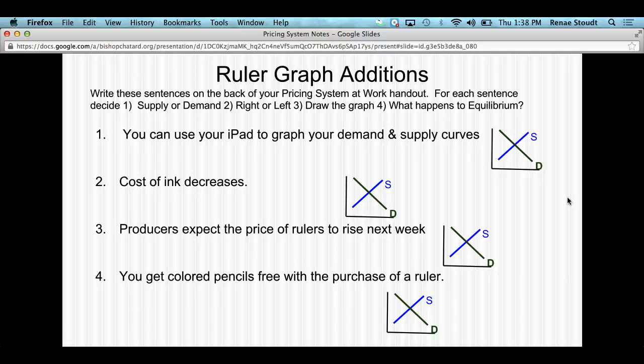Please do not tell me equilibrium goes up. That's a whole bunch of different things, because remember, equilibrium has 2 parts, price and quantity. So for the 4th question, you can just say P arrow up, Q arrow up, or whatever. Use those.